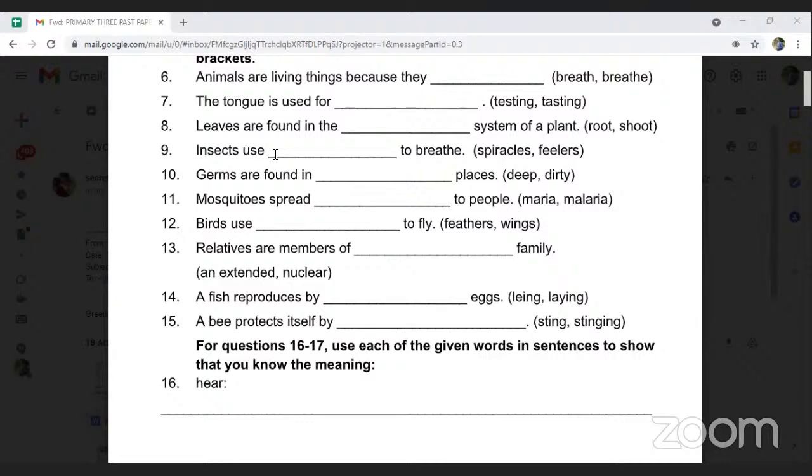The tongue is used for dash. In brackets? Testing. So which one is the correct one? TA. TA is the correct one. Good. Asante, can you read number 8 and give us the answer?